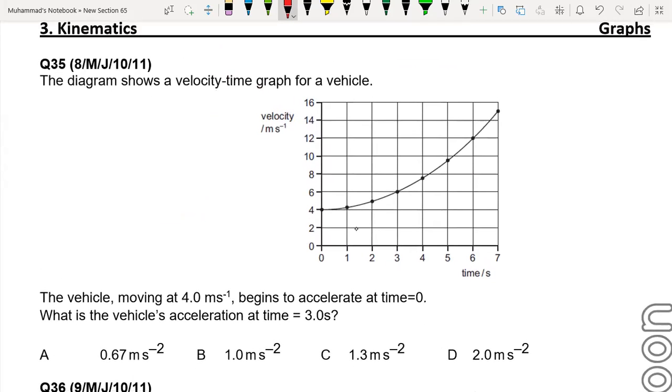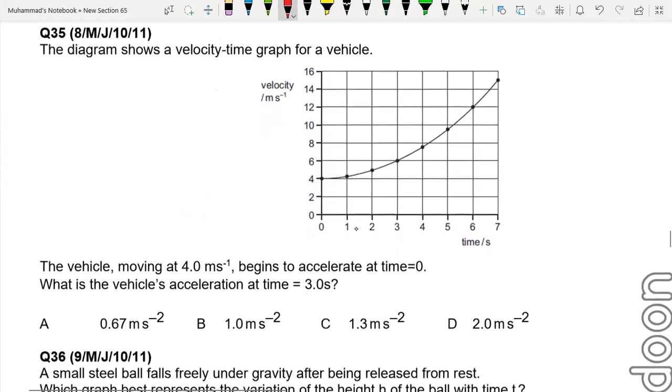Question 35. The diagram shows a velocity-time graph for a vehicle, in meters per second. The vehicle moving at 4 meters per second begins to accelerate at time t equal to 0. What is the vehicle acceleration at time t equal to 3 seconds? So we have to draw a tangent over here, and we have to calculate the gradient of this tangent.